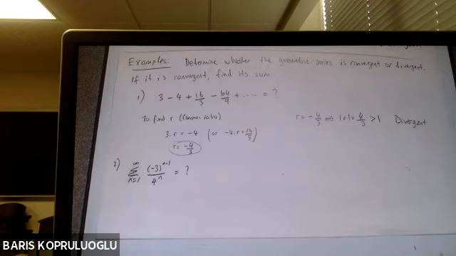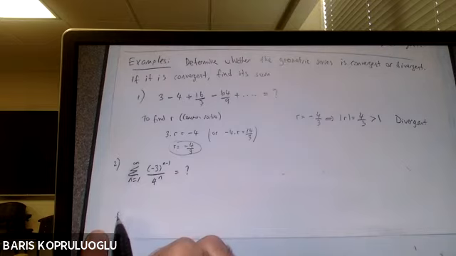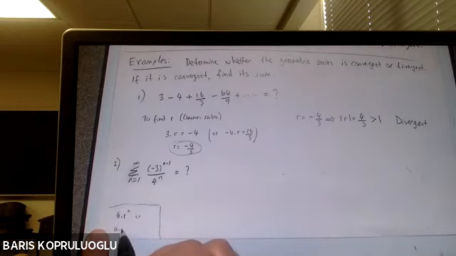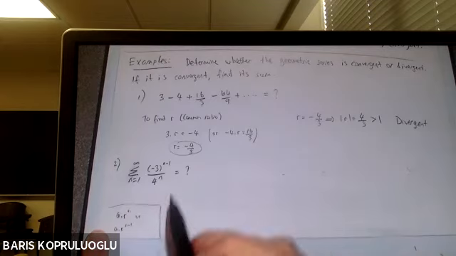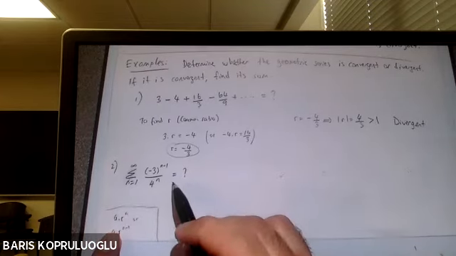So first of all, we need to manipulate this general term to a geometric series form, because the general form of geometric series is a times r to the power of n, or a times r to the power of n minus 1. But this doesn't seem that way, so we will need to do some algebra.